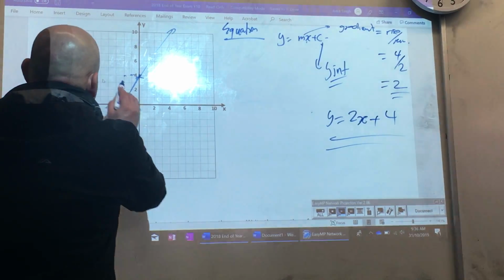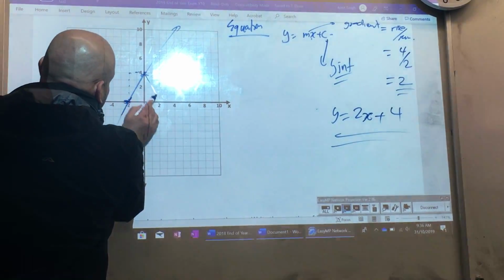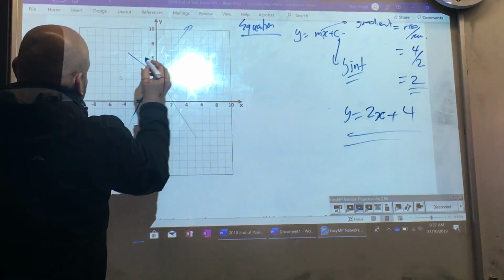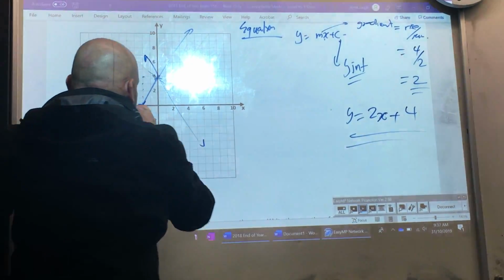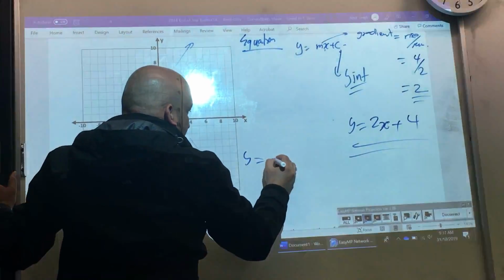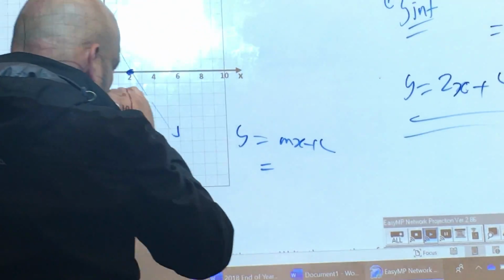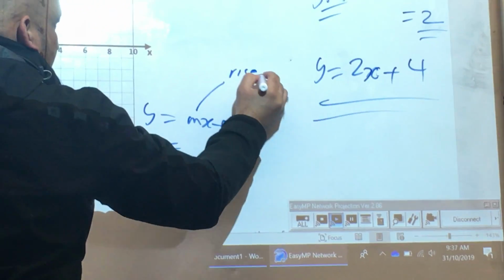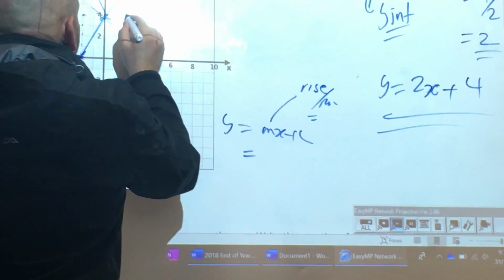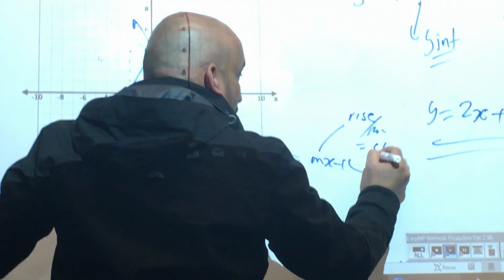Now if I give you something like this graph here, this is y is equal to mx plus c. What's my gradient? Rise 1, 2, 3, 4. Gradient is rise over run. Rise is 4, and this time you are running left. Can you see? You are going left.